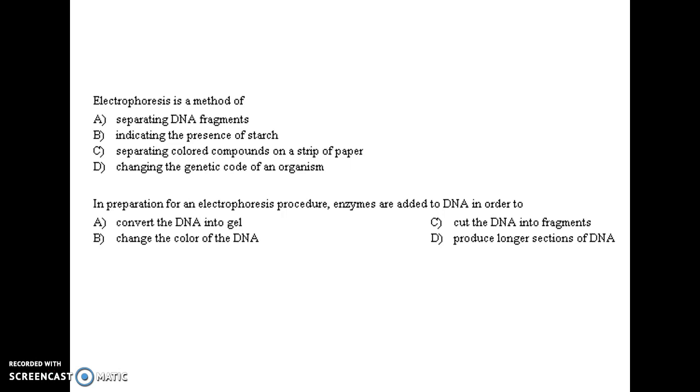Or D, producing longer sections of DNA? Your answer is C. We're going to cut the DNA into fragments using the restriction enzymes that we talked about in the beginning of the video to help break those fragments into those different sizes that are going to separate along the gel.